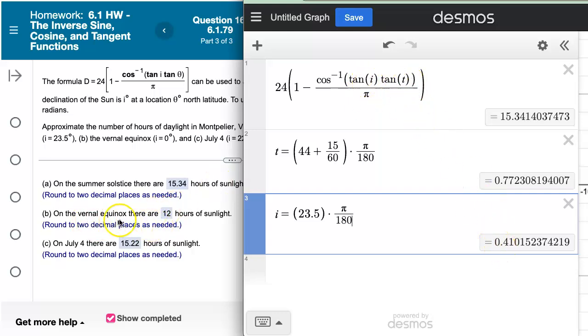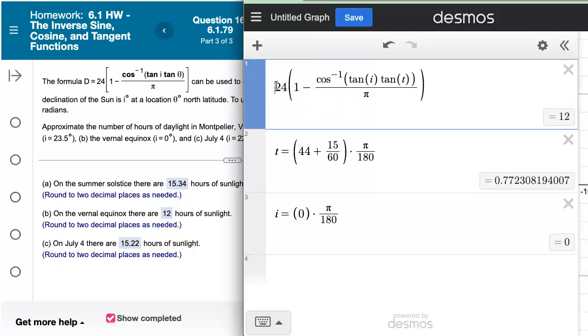So like I mentioned, I wanted to show how you could quickly update this for B and C. Again, for part B, you're told that I is 0 degrees. So let's just change it right here to 0 degrees. Notice that I changes its value. And I guess I probably could have put it up here, this was the value for D, and that is 12.